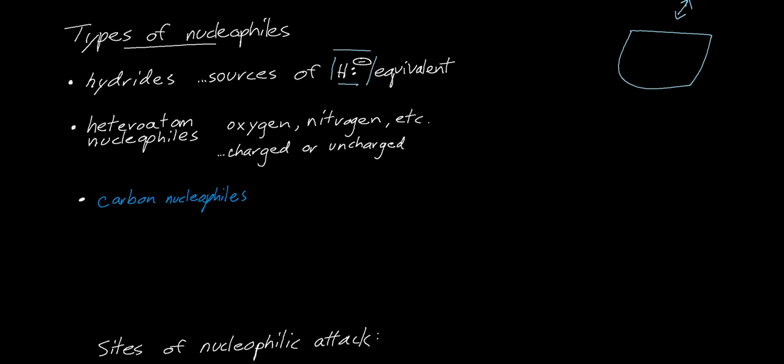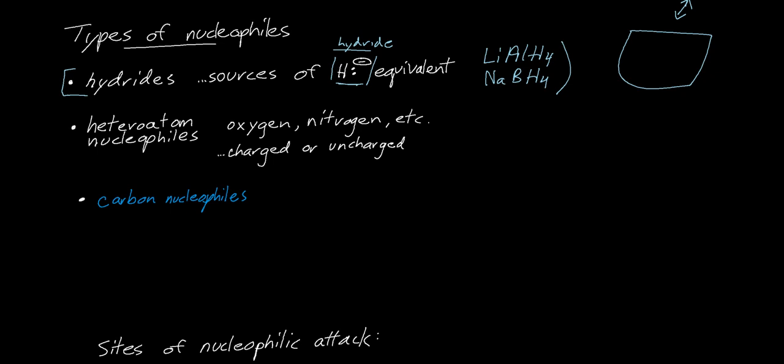So sources of hydride, the simplest nucleophile, simply adding a hydrogen, would be lithium aluminum hydride or sodium borohydride that deliver the equivalent of an H- nucleophile. So these would be important to review if those don't look familiar, or if the concept of a hydride nucleophile doesn't look familiar.